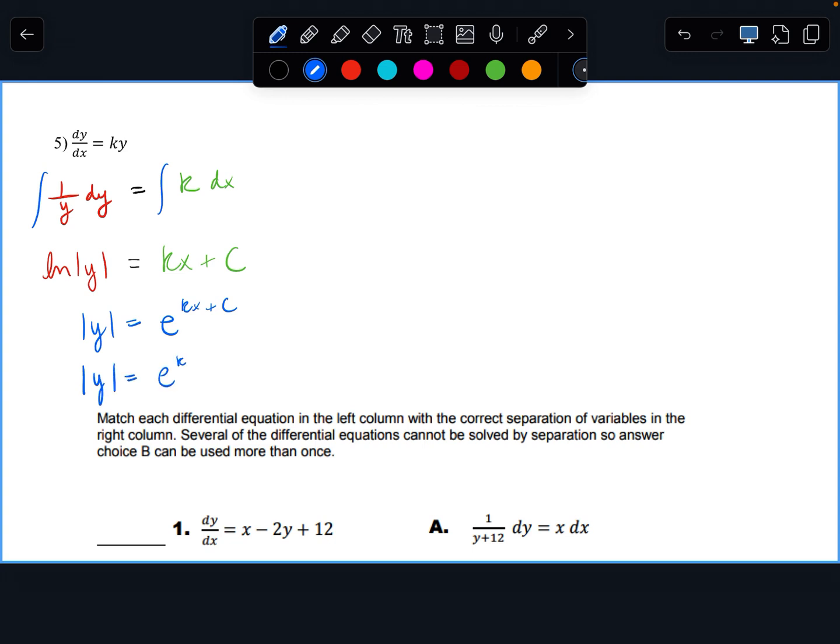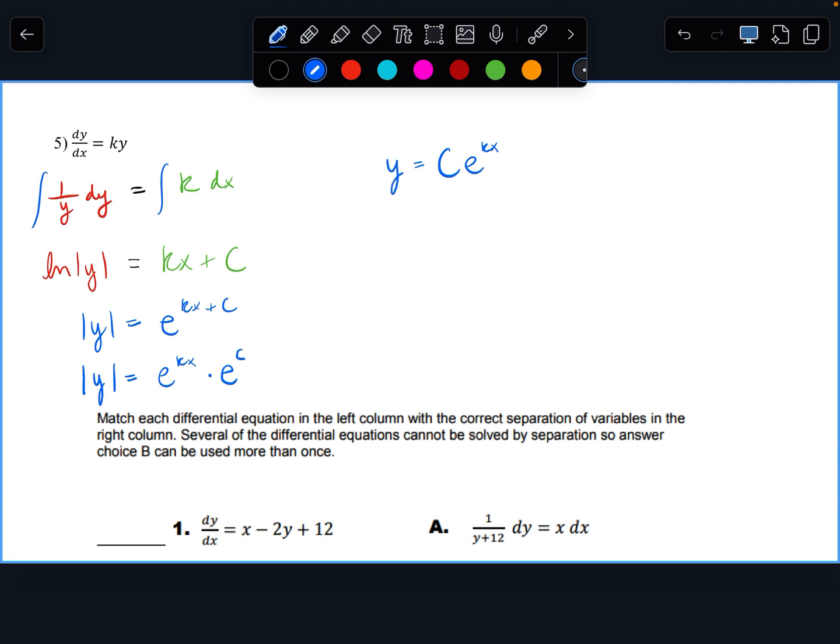But again, remember that plus C, they expect you to write it like that. So that ends up being plain C, e to the kx. But again, the C absorbs the plus or minus or whatever it is, so I'm just going to say it as plain y.